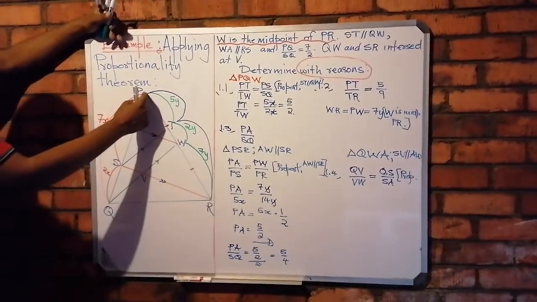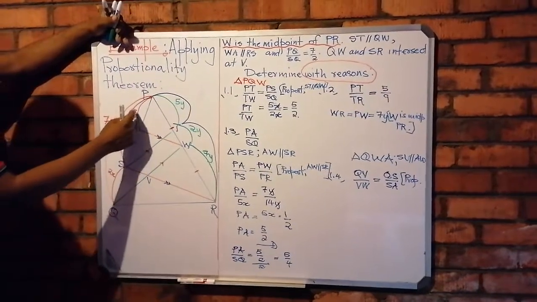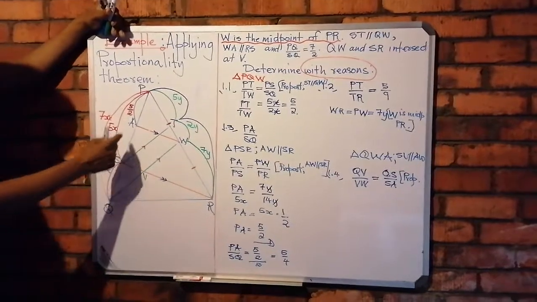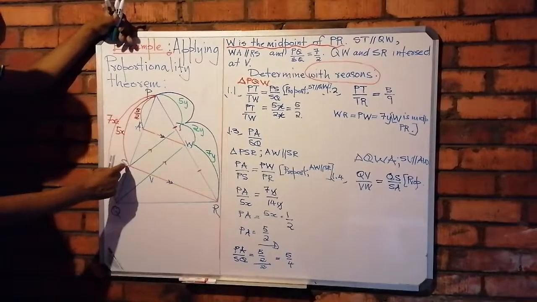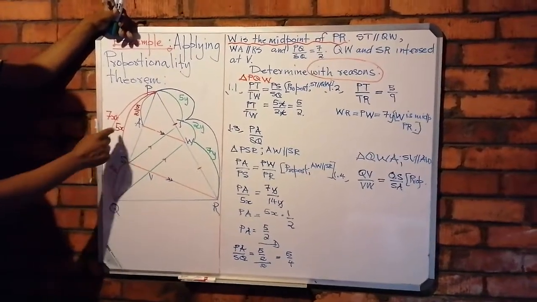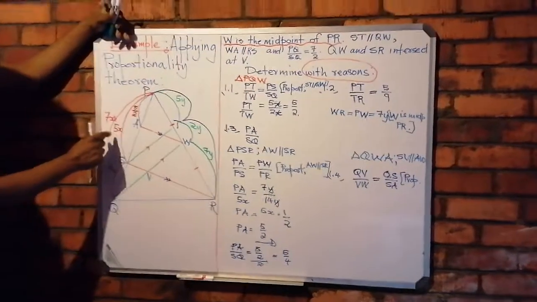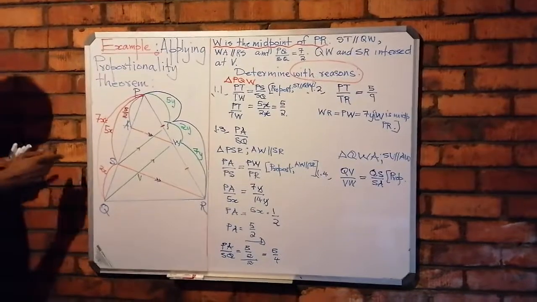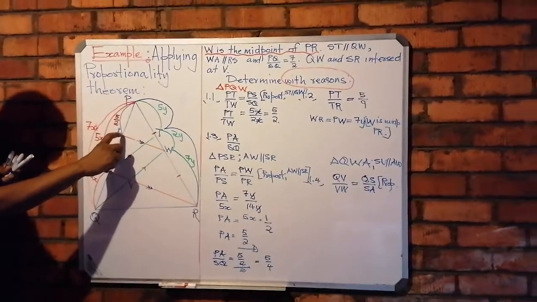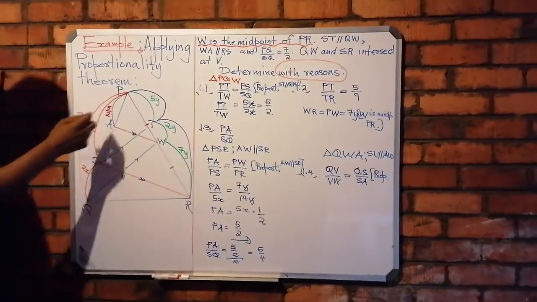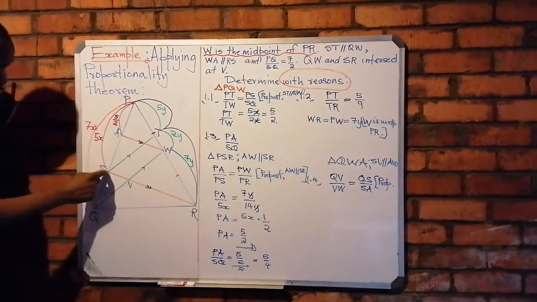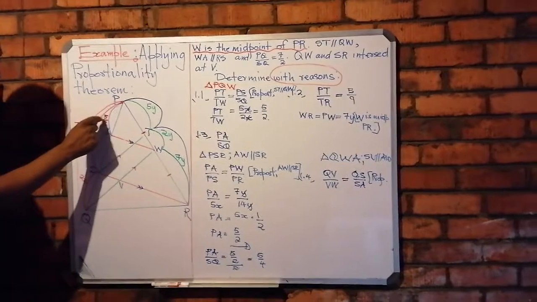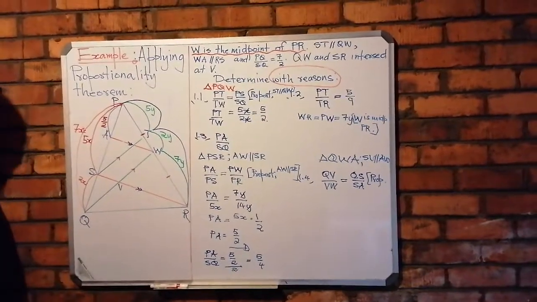If PA is 5 divided by 2 and PS is 5 units, or 5x, I must say. What is AS? Let me repeat this. PS is 5x. PA is 5 divided by 2x.